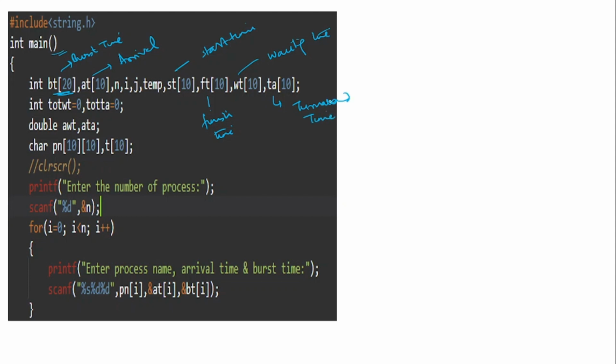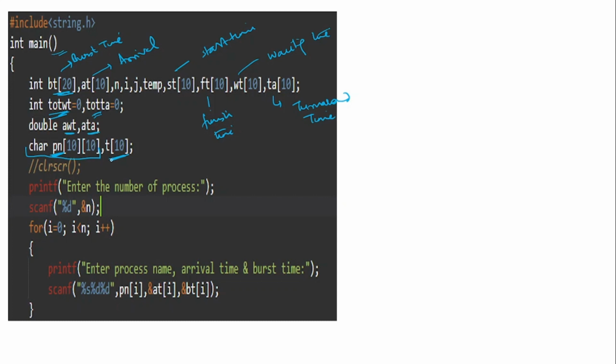So I have multiple arrays that are already declared here, and then I have two integer variables, total turnaround time and total waiting time. Then we have average waiting time and average turnaround time, and then we have one array which is the process number, which holds the process number, and there is also one array that holds the time.